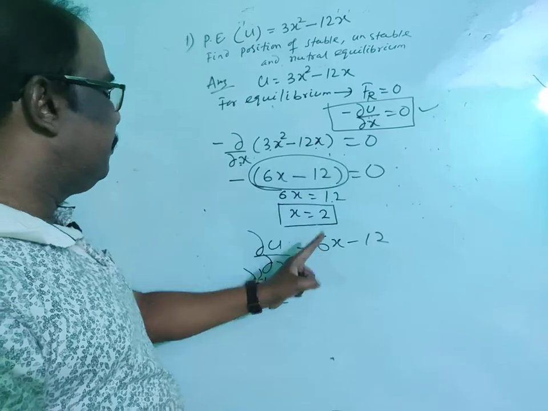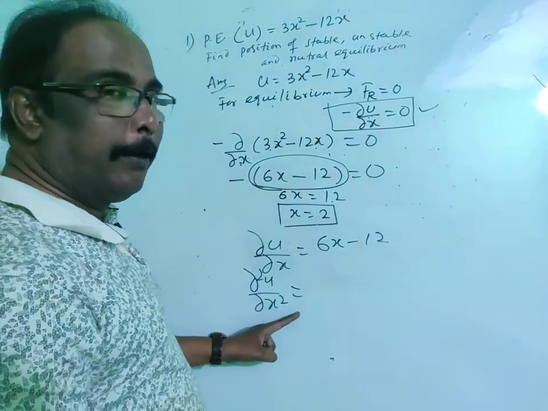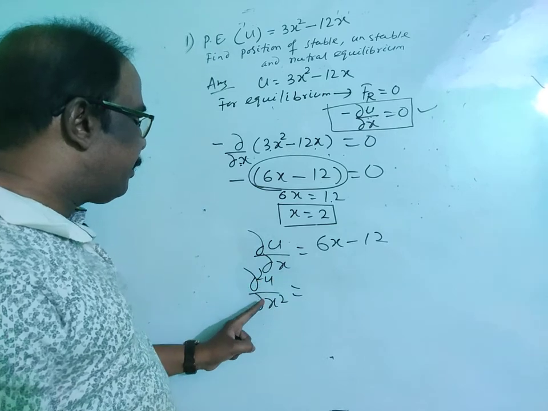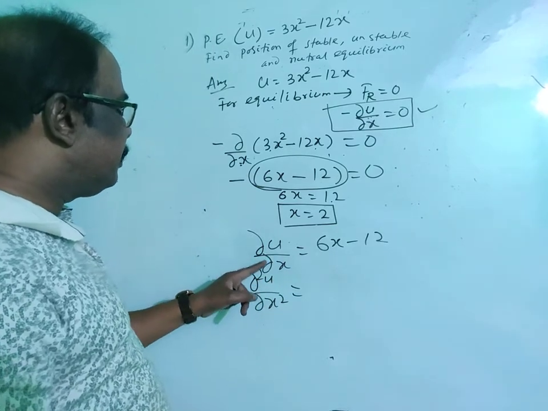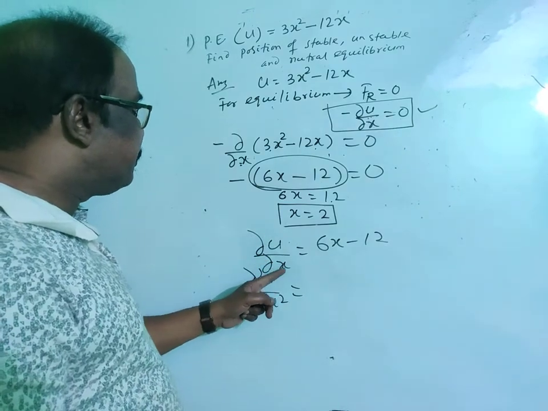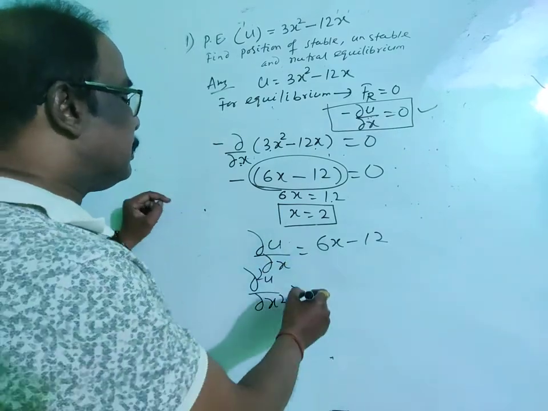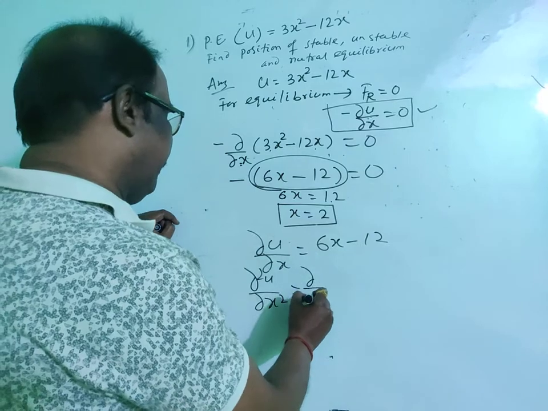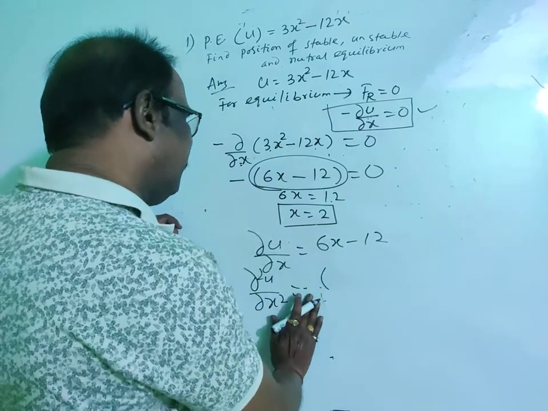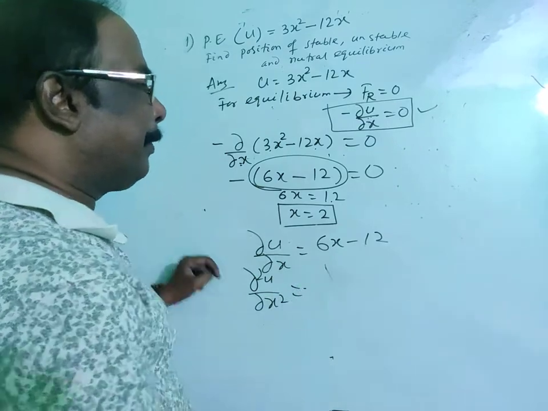6x minus 12. Again we are doing double differentiation. d square u by dx square means d by dx of du by dx. Or you can directly do double differentiation.